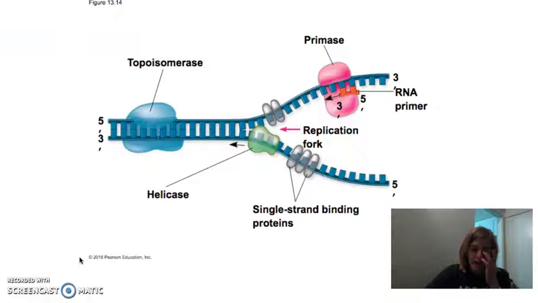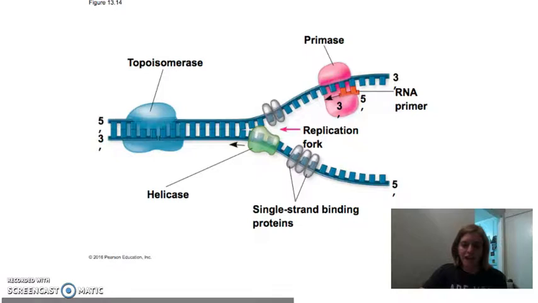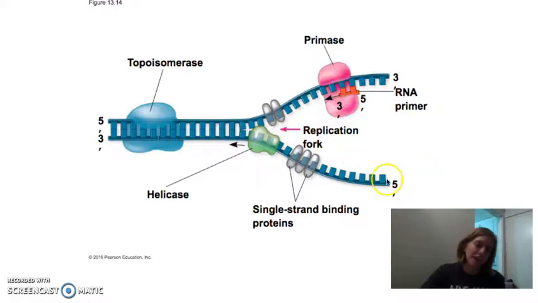Helicase is the enzyme that unwinds our DNA strand, and you can see the bubble would form, and where this Y is, that's known as the replication fork.